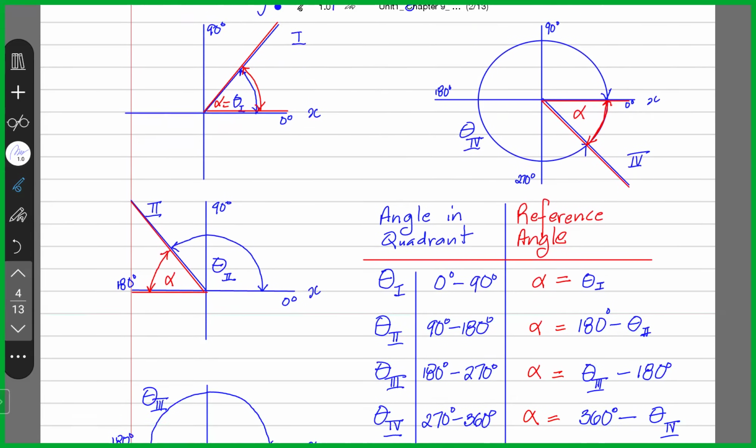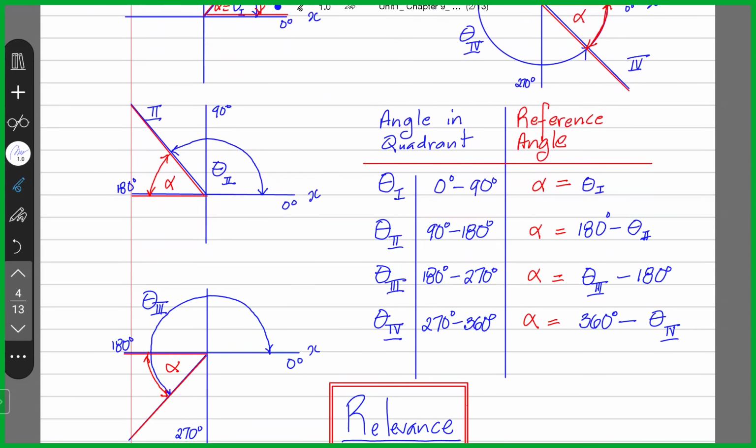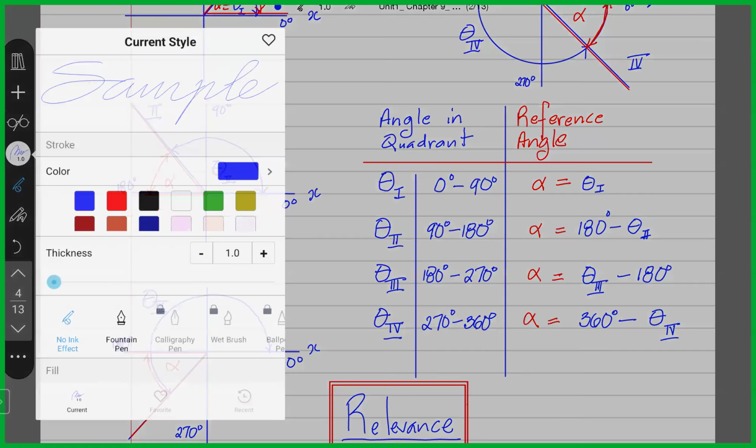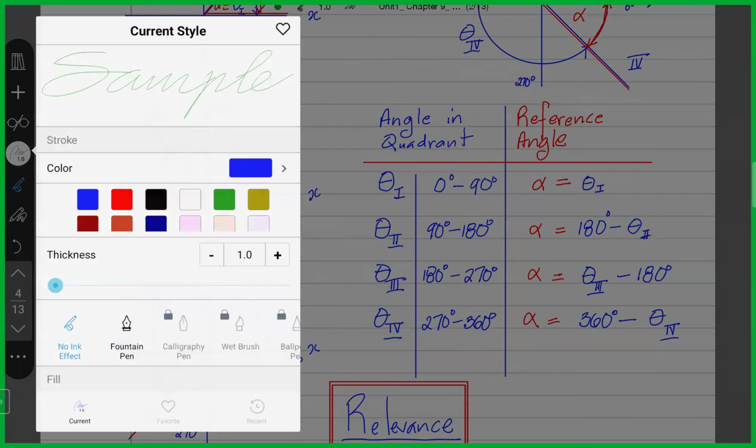Second quadrant, the angle is theta II. Theta II is the angle. So this is the first part of the angle. Let me just change to maybe green. This is the first side of the angle.